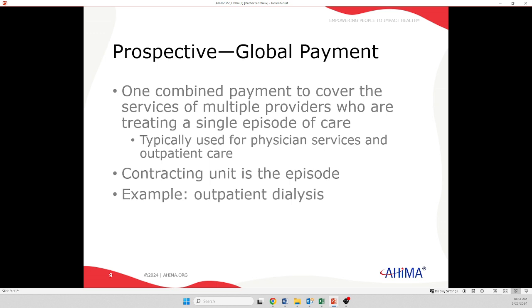It also talks about something that you've learned about in your coding, which is our global surgical package, which is the OR, the anesthesia, the pre-op, post-op follow-up. Another thing that would fall under this would be our OB, where it pays for prenatal delivery as well as our postpartum charges.